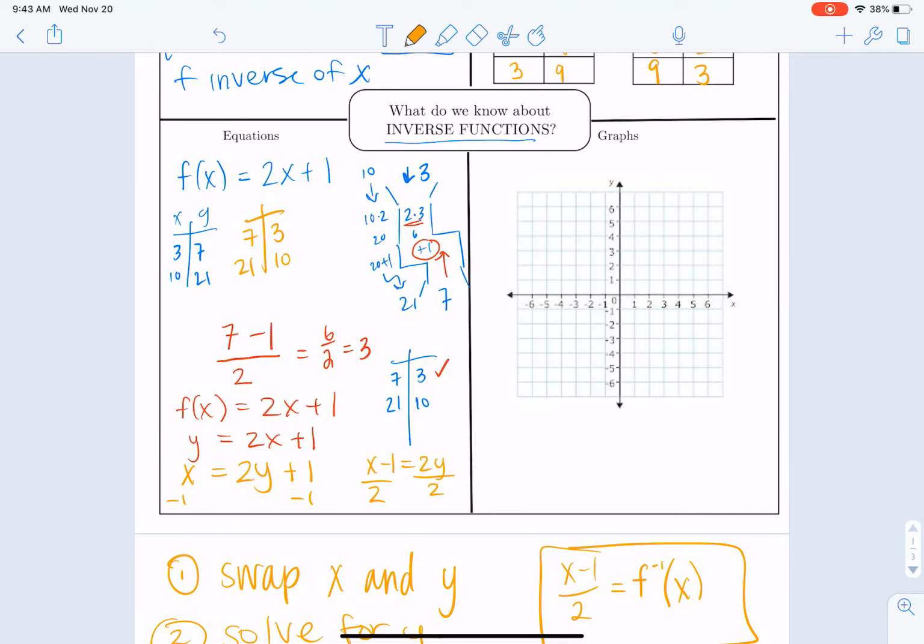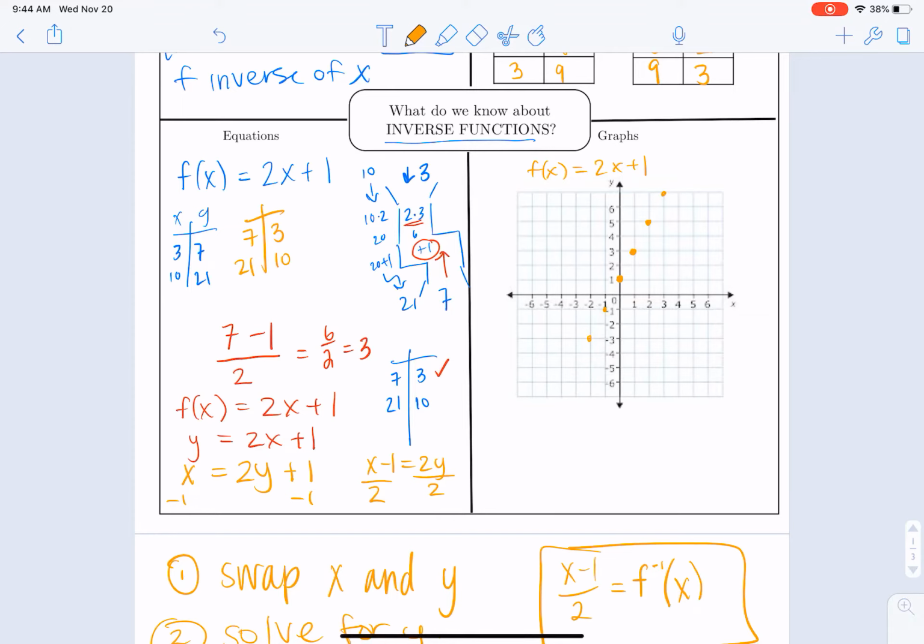When we talk about graphs, there's a few things that we can talk about here. So let's talk about f of x is 2x plus 1. Here's my y-intercept. And I can go up 2 and over 1, up 2 and over 1, up 2 over 1.